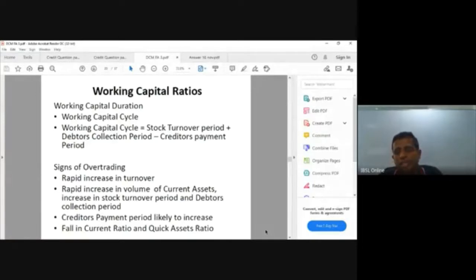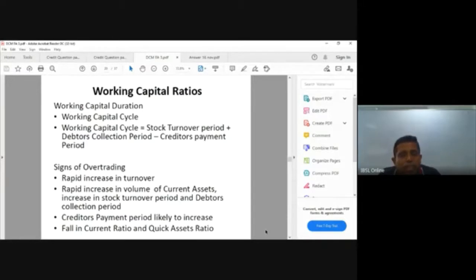When inventories are taking more time to convert into sales, and the debtors are not paying on time, naturally you don't have cash. You take more time to repay your creditors. That is called signs of overtrading.